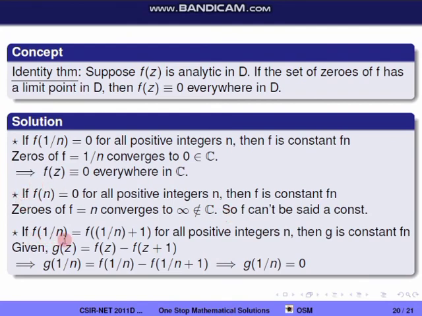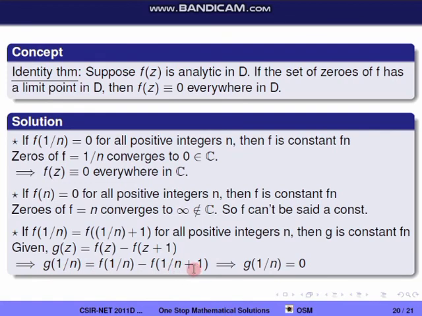Option 3: if f of 1 by n is equal to f of 1 by n plus 1 for all positive integers n, then g is a constant function. In the question they have given g of z is equal to f of z minus f of z plus 1. So I am replacing z by 1 by n. We will get g of 1 by n is equal to f of 1 by n minus f of 1 by n plus 1.